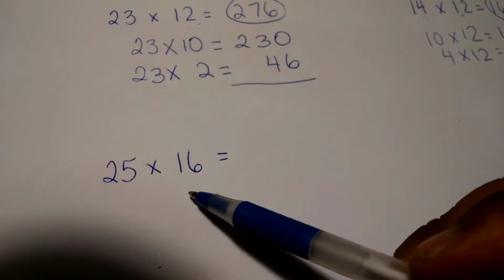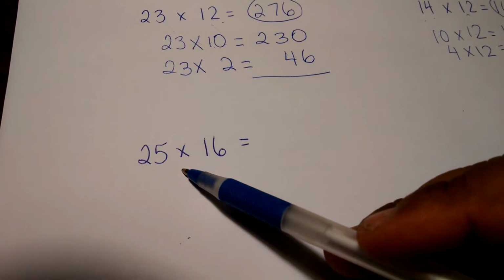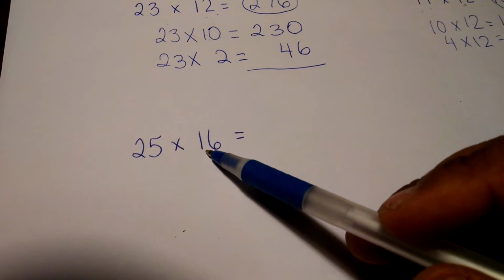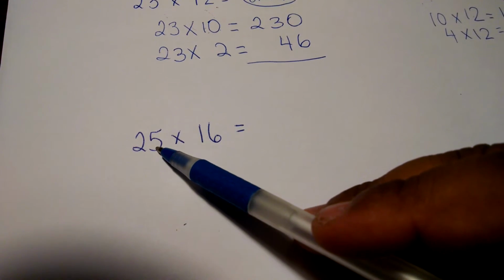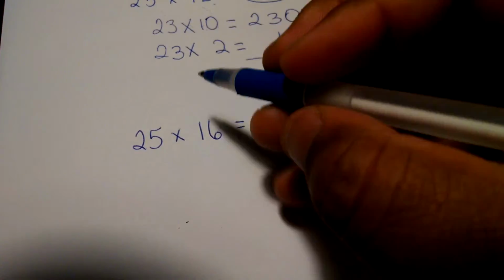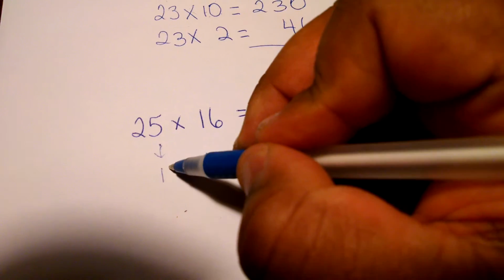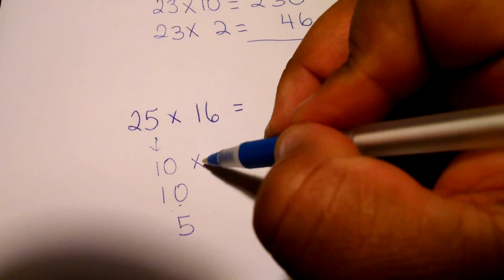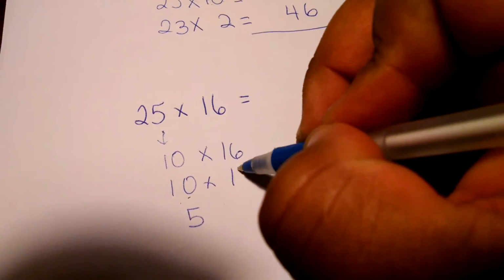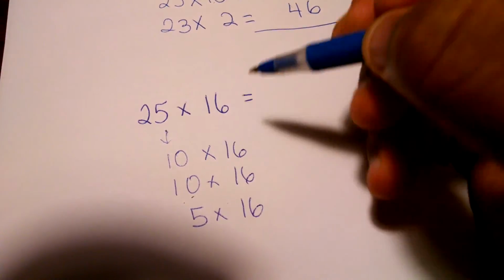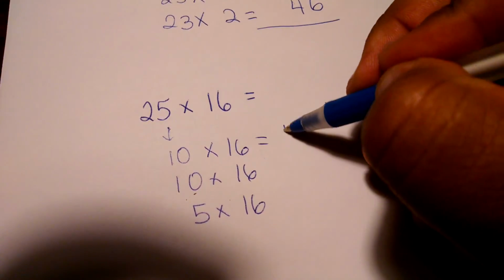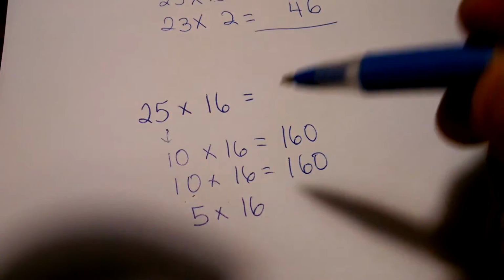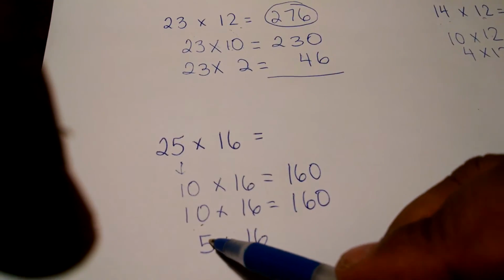All right, let's try this last one. 25 times 16. So I can make a decision here. If I don't like this 25, okay, I can split it into 10 and 10 and 5 times 16. Alright, well I know 10 times 16 is 160. And that's another 160. Now this one, 5 is half of 10.